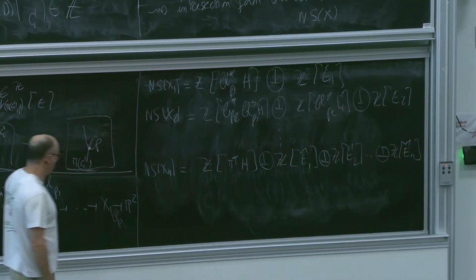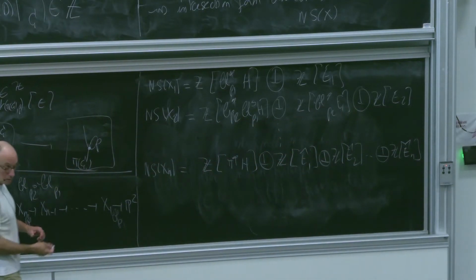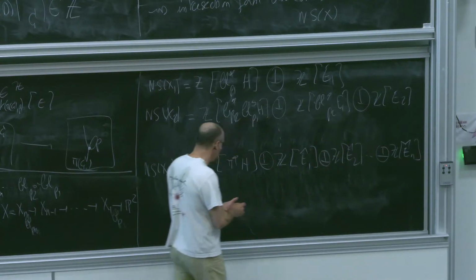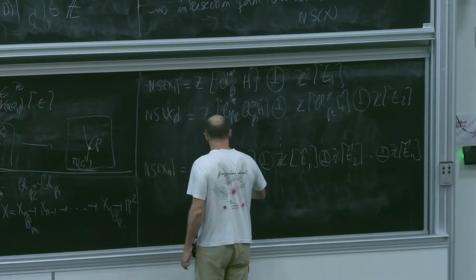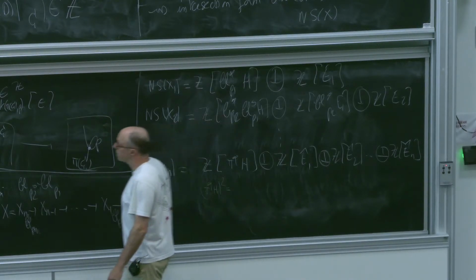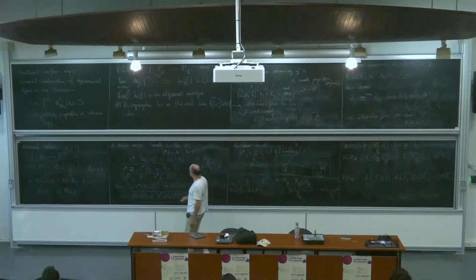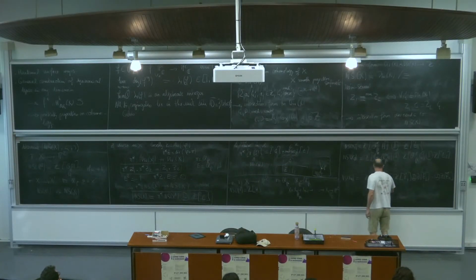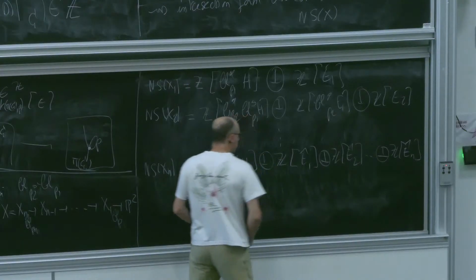Whoa. Okay, so what is the intersection form? I already put this strange sign there, so they're all orthogonal to one another. But what is the self-intersection of each? Well, by the formula that I wrote somewhere here, the box formula, this is equal to H squared, so it's plus 1.